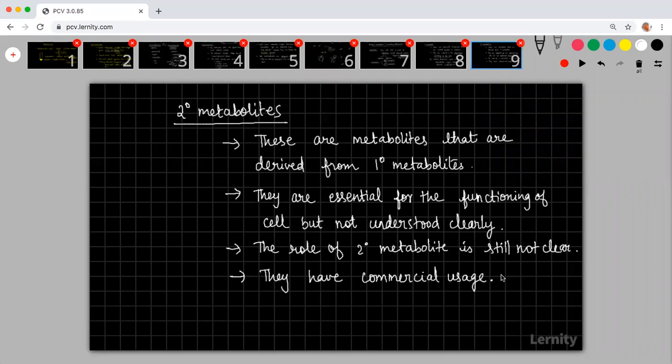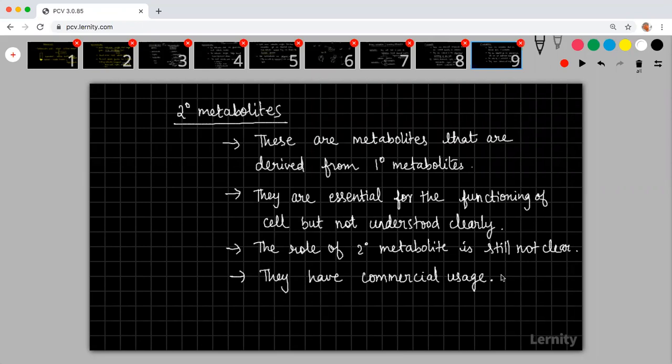And what we are seeing is these classes of substances also. These classes of substances are what we call secondary metabolites. If you take chlorophyll, or let us talk about phycoerythrin, which is a kind of pigment, and phycocyanin.